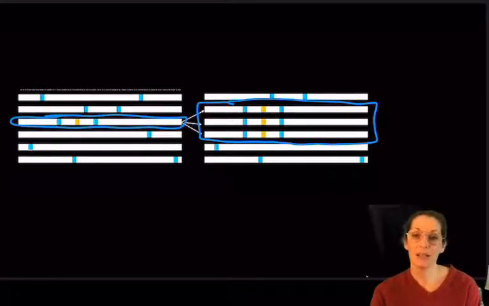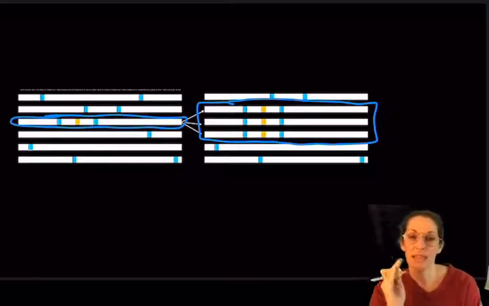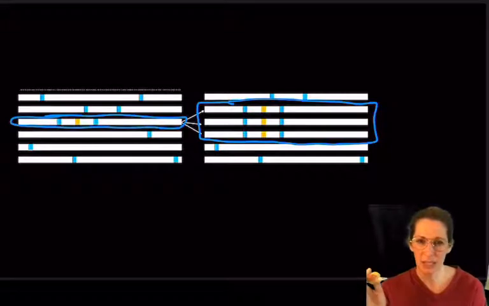So it gets passed on to subsequent generations with the same alleles, in the same order, in the same places. So what does that mean?